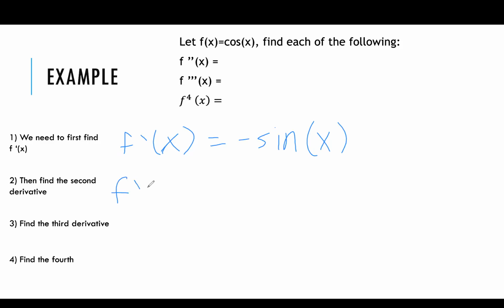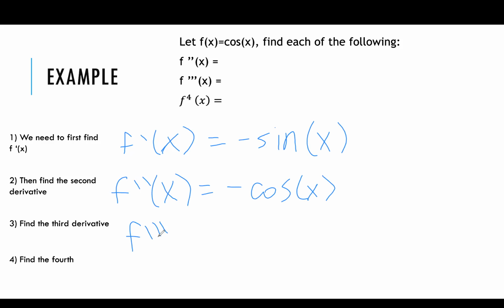And then now we can find the second derivative. The derivative of positive sine is positive cosine. Therefore, the derivative of negative sine is going to be negative cosine. Okay. Again, that coefficient of a -1 just carries over.